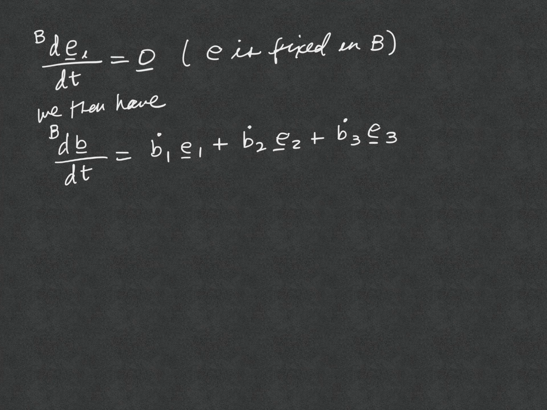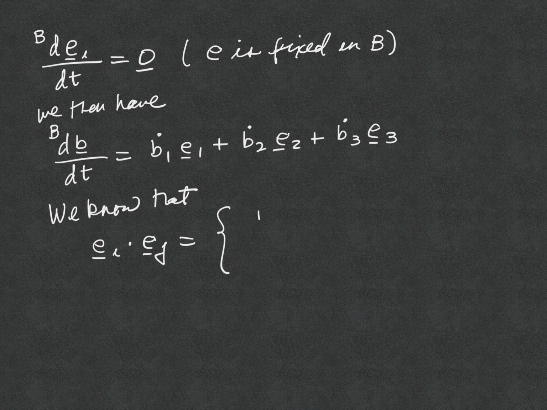The key property that we need to start with is that Ei dotted with Ej equals one of two things. It equals 1 if i is equal to j, and it's equal to 0 if i is not equal to j. And that's just because these are basis vectors, so they all have unit length.